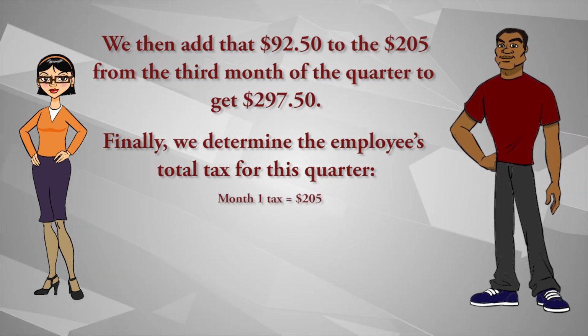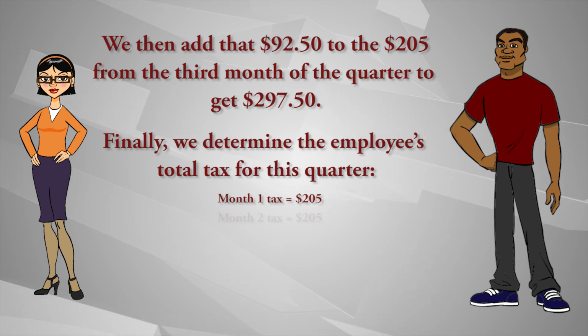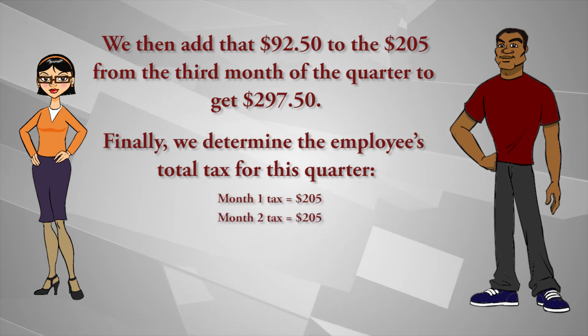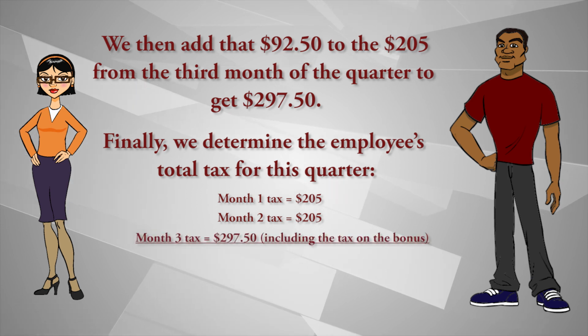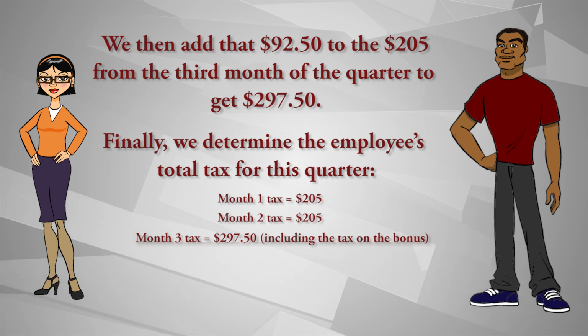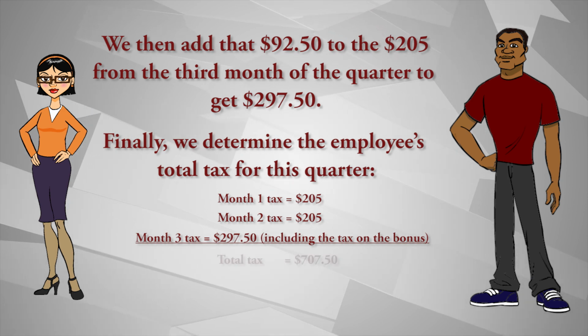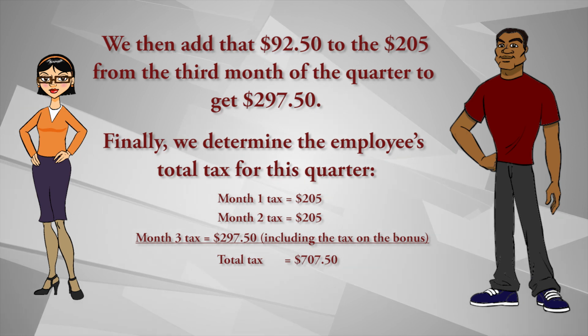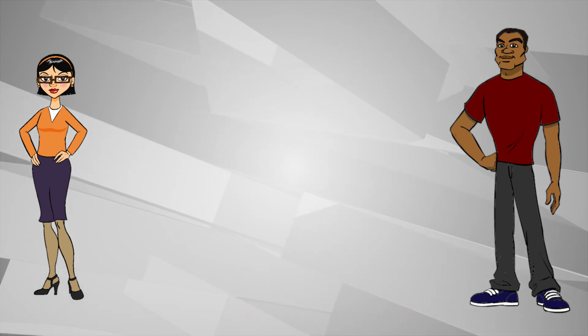Finally, we determine the employee's total tax for this quarter. Month 1, the tax is $205. Month 2, the tax is $205. Month 3, the tax is $297.50, and that includes the tax on the bonus. Total tax is $707.50 for Dean's employee.